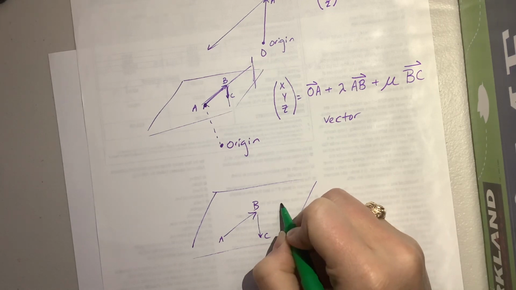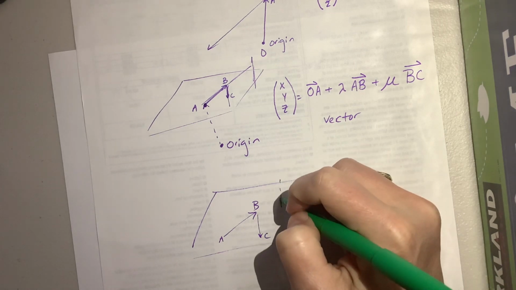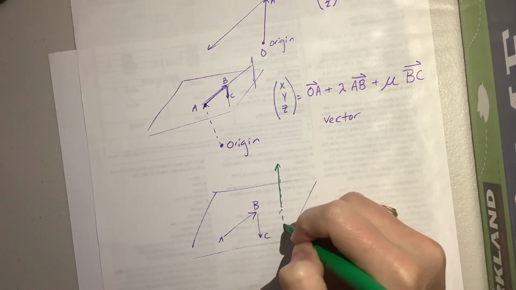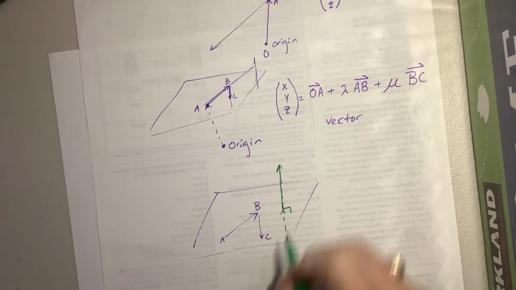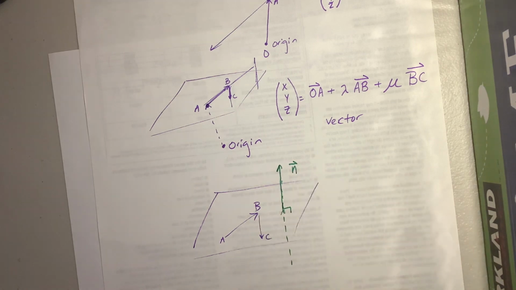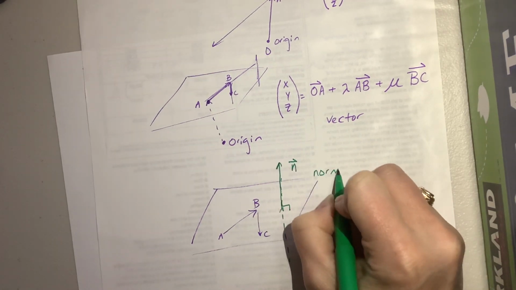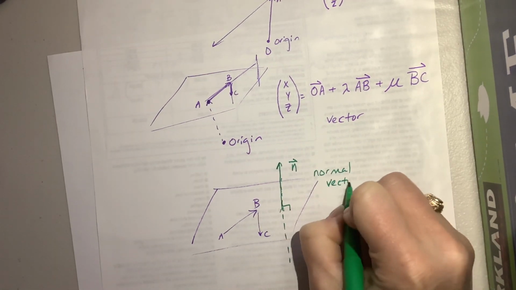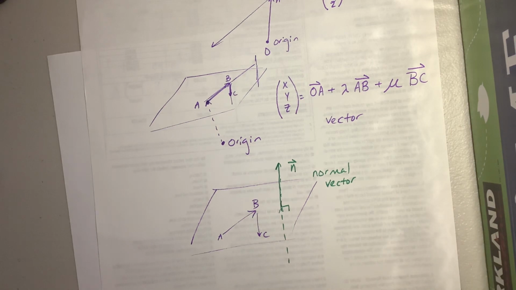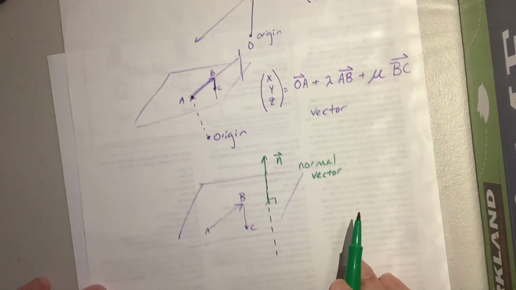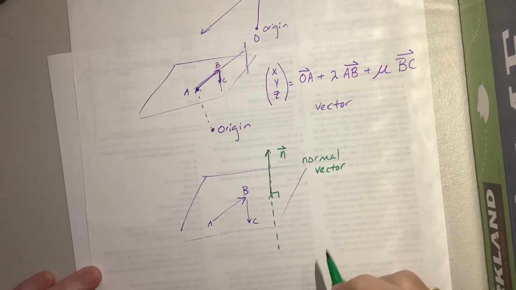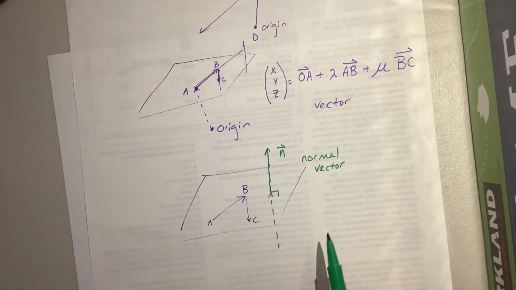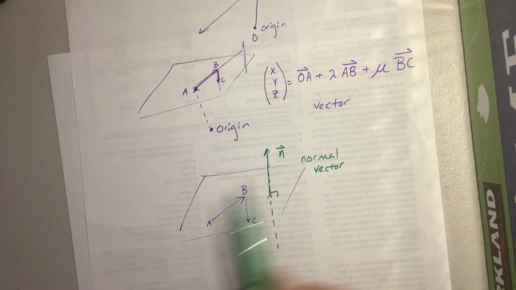A normal vector, let me make this part dotted, is a vector that's perpendicular to my plane. Often we refer to that as the normal vector. We can say that it's perpendicular to the plane, or orthogonal to the plane, and it's the normal vector. All of those things mean the same thing.